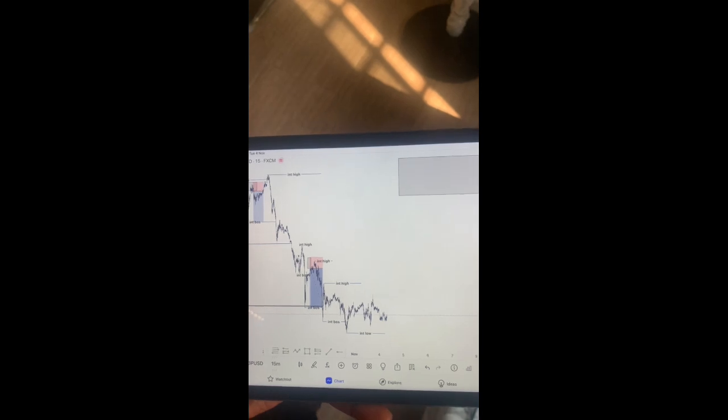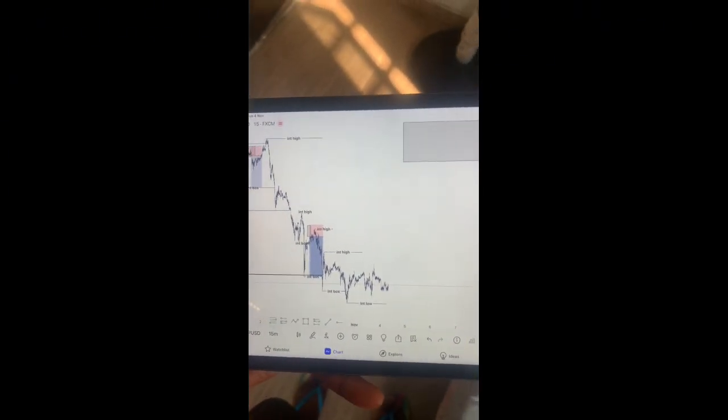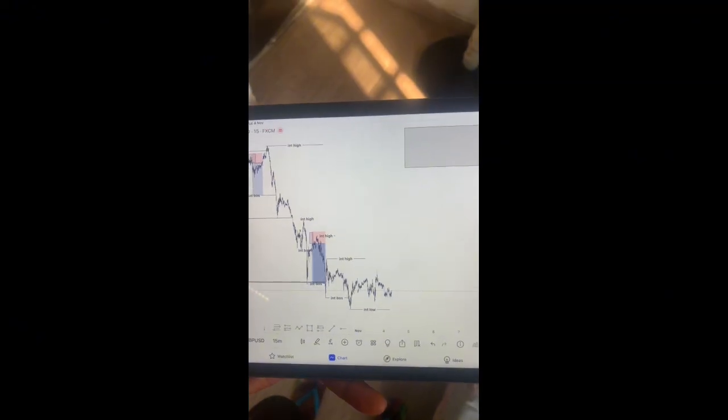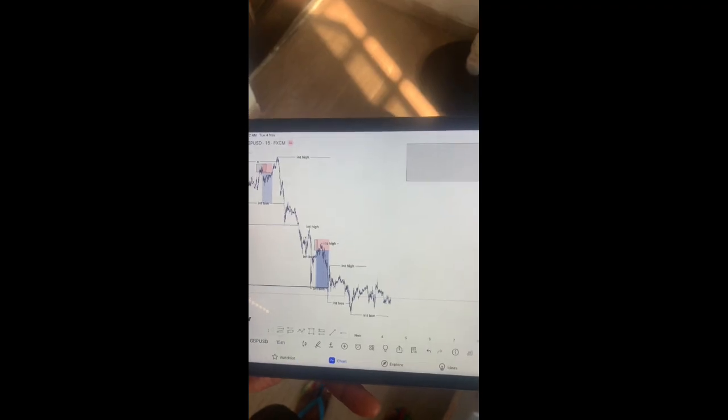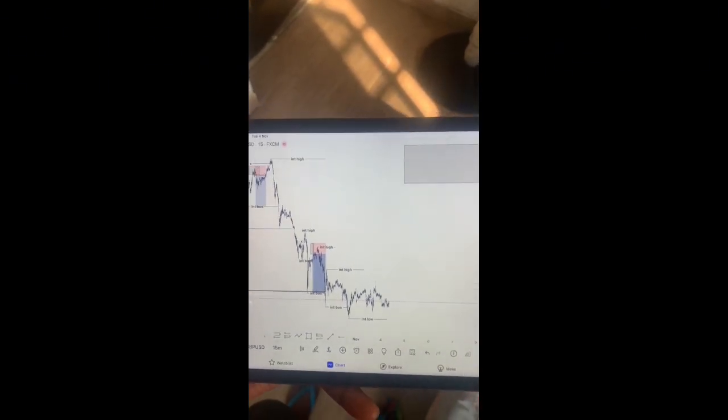So on our analysis yesterday, this is still what price is currently doing. Yesterday I didn't see any entry. Like I said, yesterday was Monday, so market was very, very slow, like super slow. So this is what market is still doing.